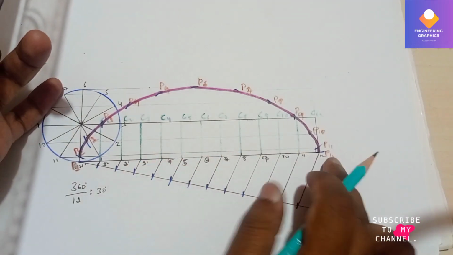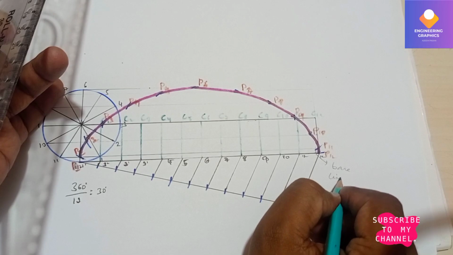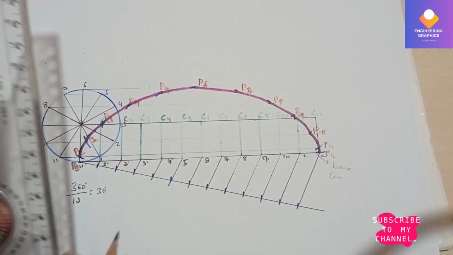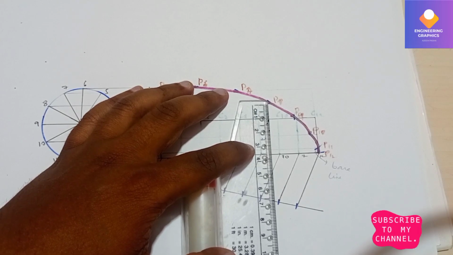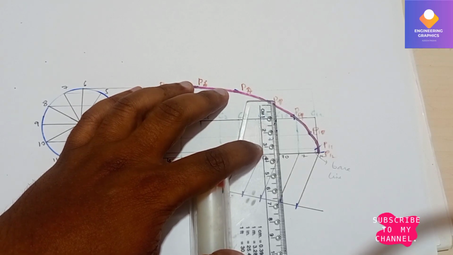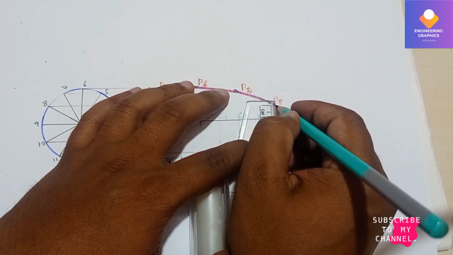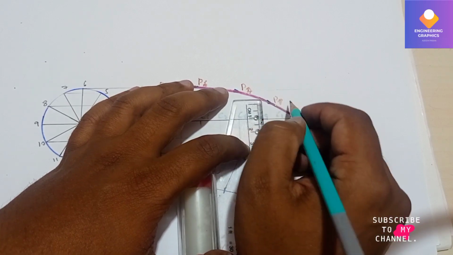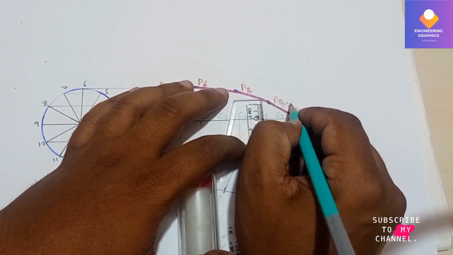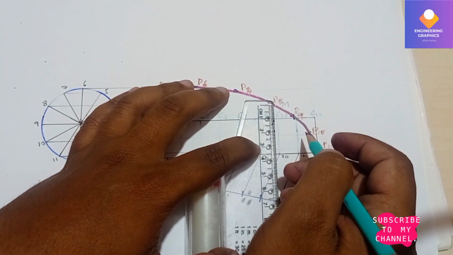So this is our baseline. So 35 mm we have to consider. So from this base, where 35 mm exactly touches the arc, I'll mark that point as M. I'll draw one straight line here.